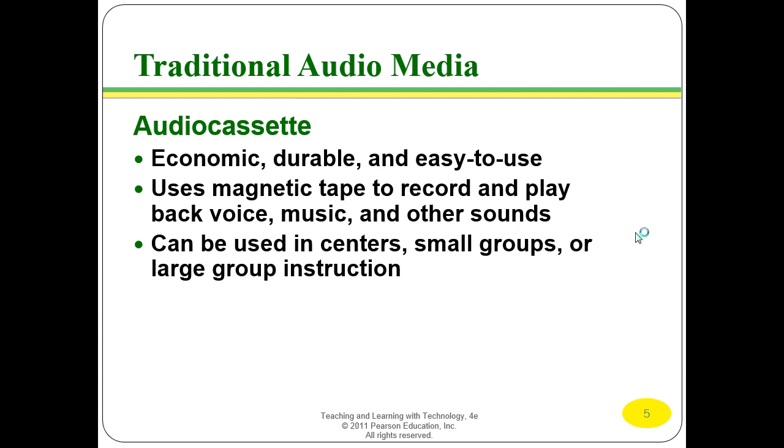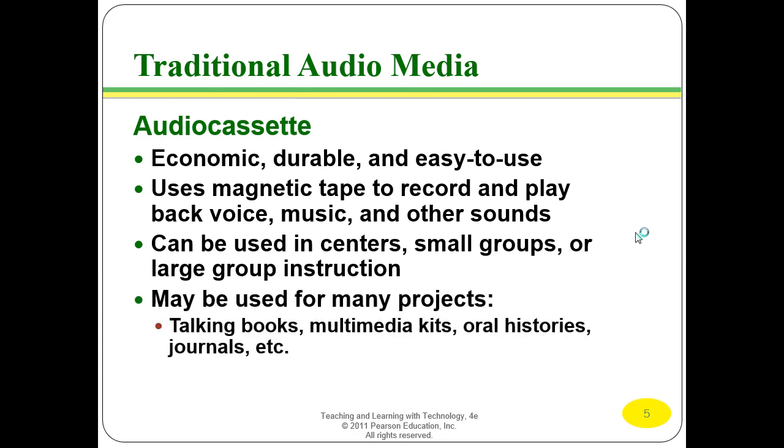And so we can use it in a learning center or with small groups or large group instruction, or basically individualized instruction for that matter. And so it's effective over a wide range of audiences. They can be used for many types of projects like talking books, multimedia kits, oral histories, journals, etc. And so we can do a whole lot of things with the audio cassette.